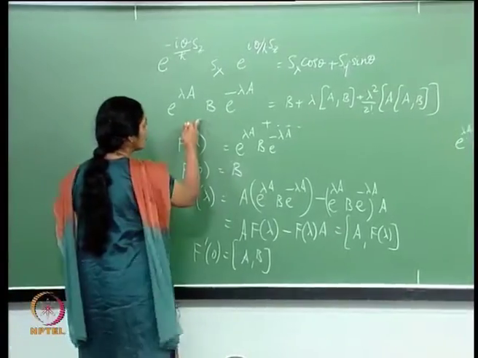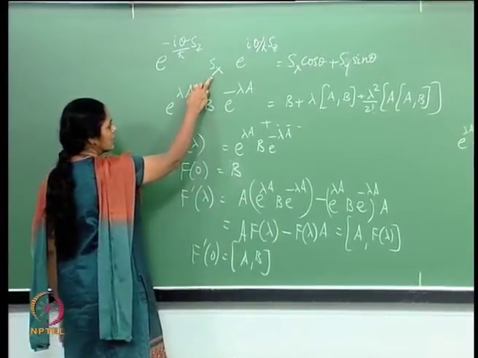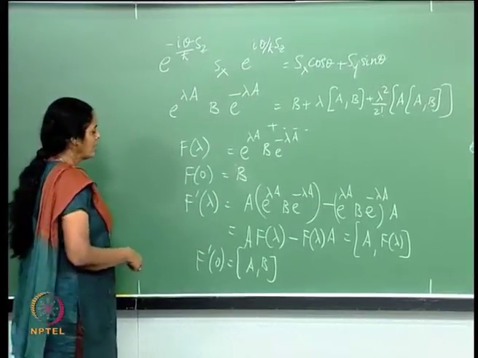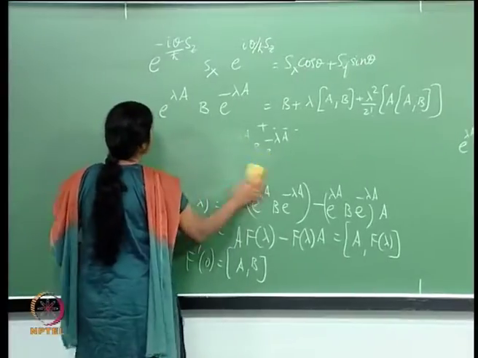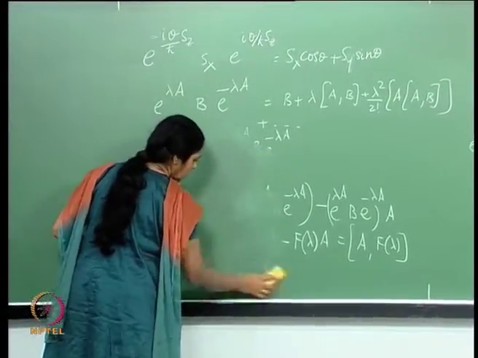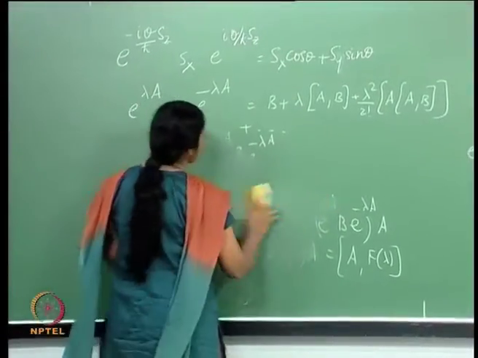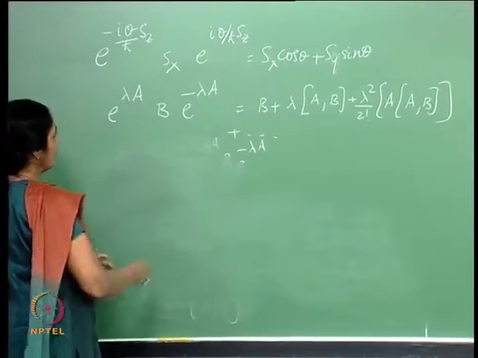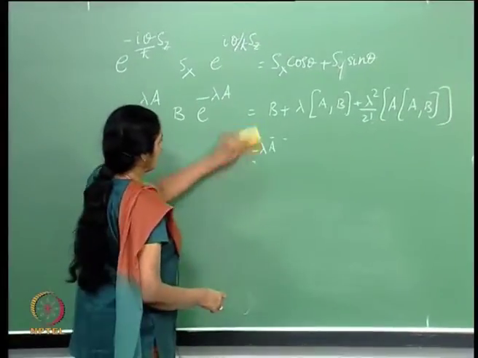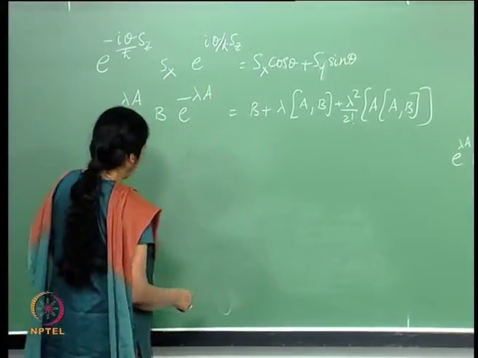Now, I would like to use this identity to establish this relationship. So, let me start with e to the minus i theta by h cross S z, S x, e to the i theta by h cross S z.